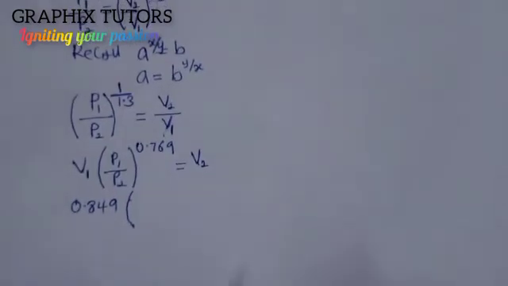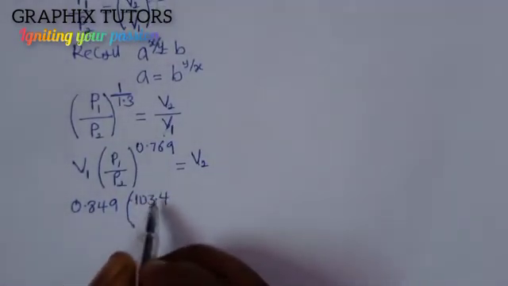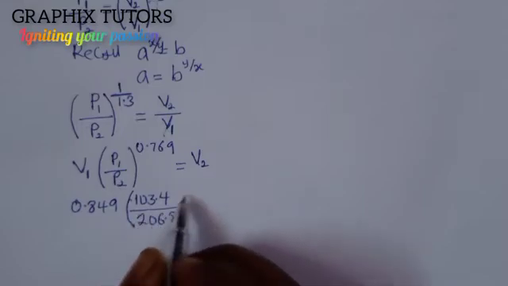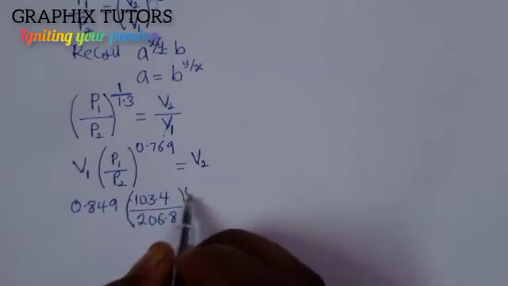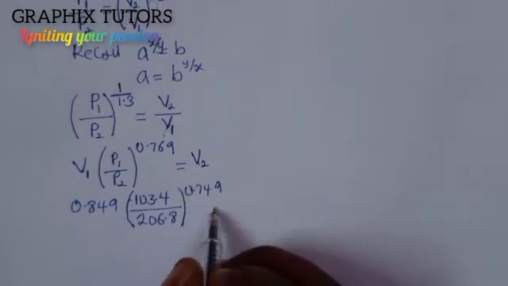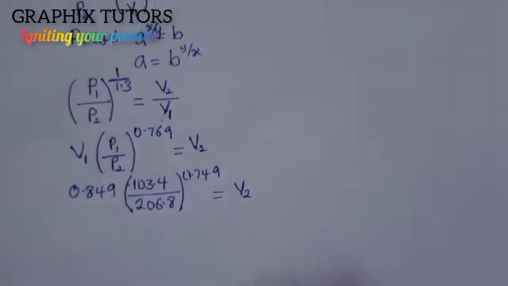So when I put it here, 103.4 all over P2, which is 206.8, all to the power of 0.769, equals V2. Now from here I can move further.